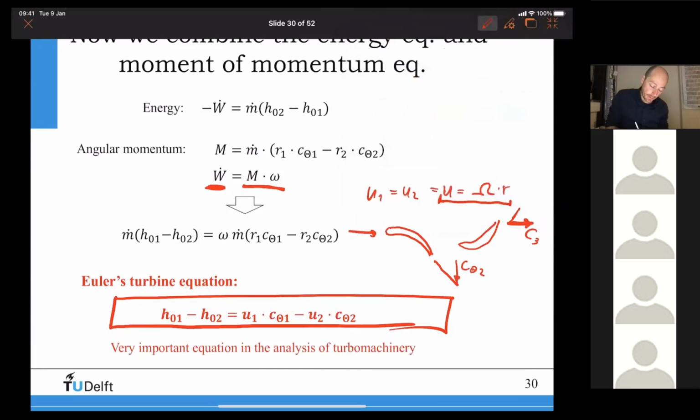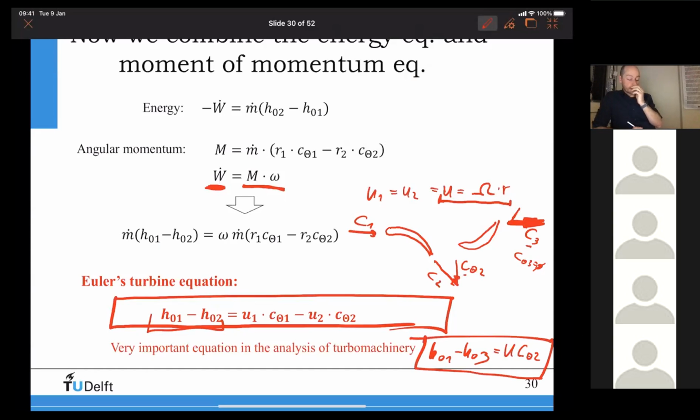Let's say like this. C3, C1, C2. This is my C theta 2. C theta 3 is equal to 0. In this case, if the flow is purely axial, then the only part that will actually change my total enthalpy between inlet and outlet is H01 minus H03, because H01 is equal to H02 for the rotor, is nothing else than U C theta 2.